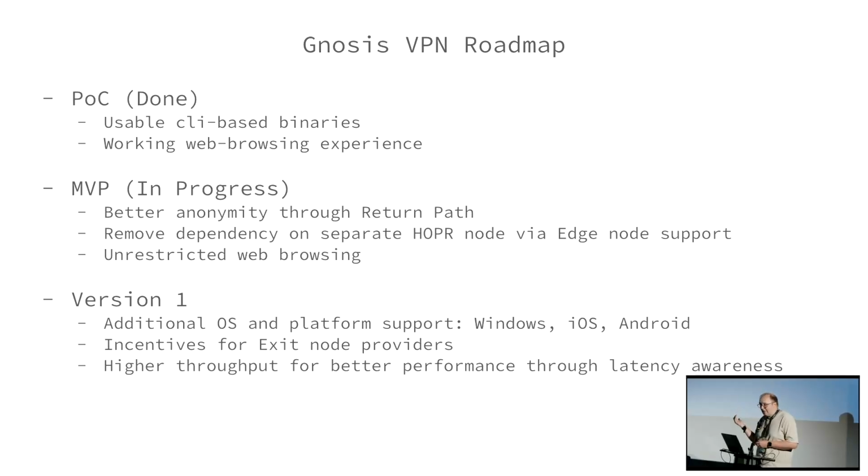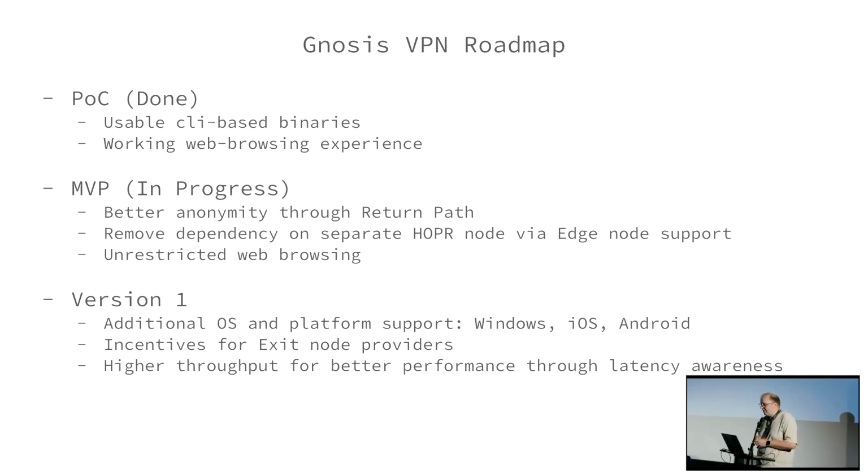In GnosisVPN's case, that would be the GnosisVPN client. And it's bundled as one, and you never, as a user, are exposed to the HOPR network itself. You never know that you're actually using the HOPR network. You should not know. The only thing you care about is installing a VPN client and having a secure connection.